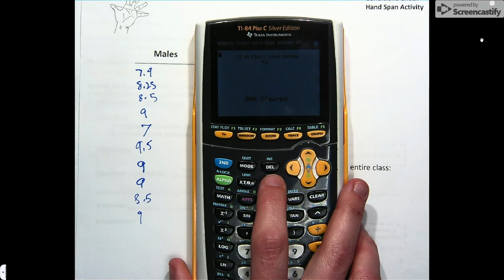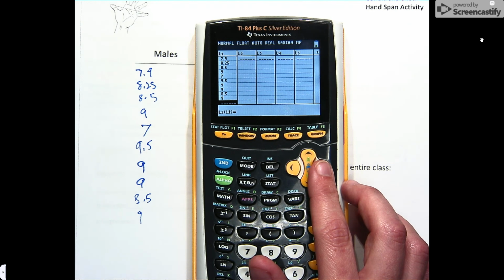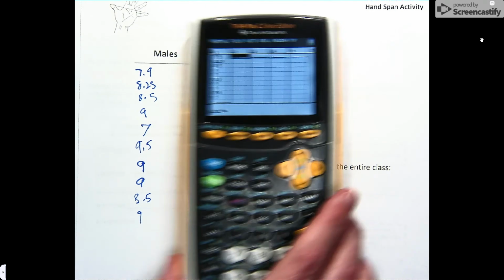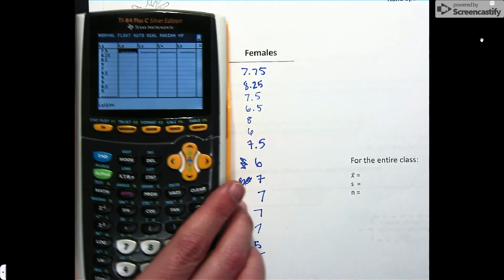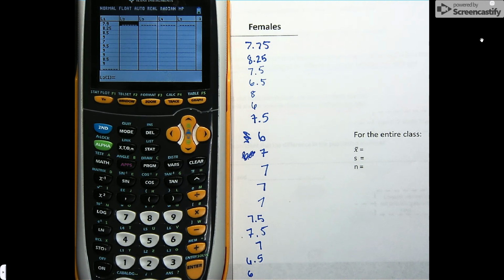But now when we go to stat edit, I'm going to type the males into L1. So I'm going to type my males into L1. And then I'm going to type my females into L2. So let's get all the females on there. That's the last one.